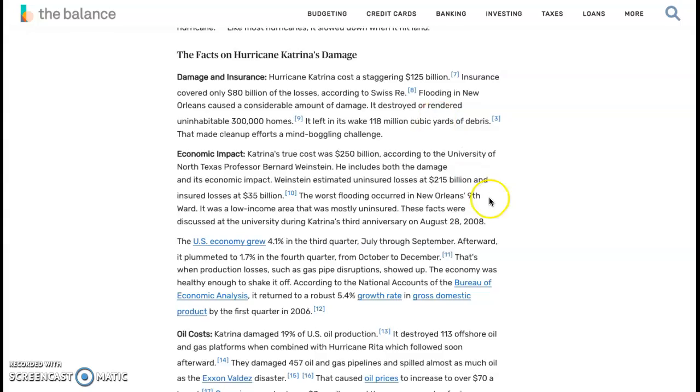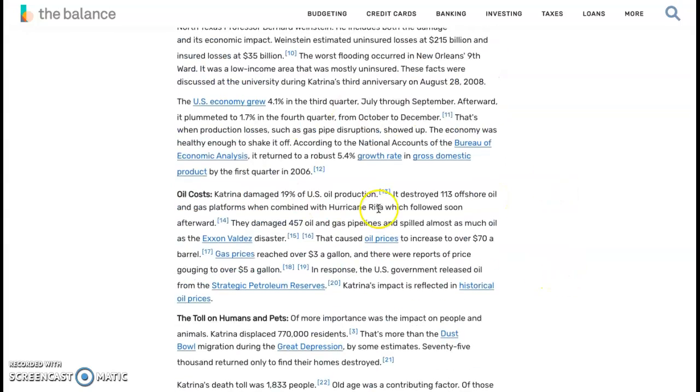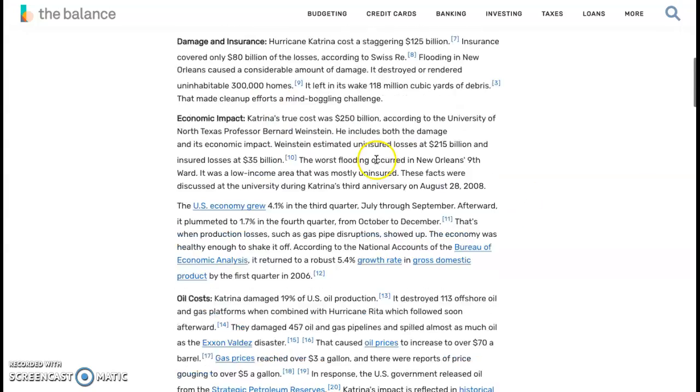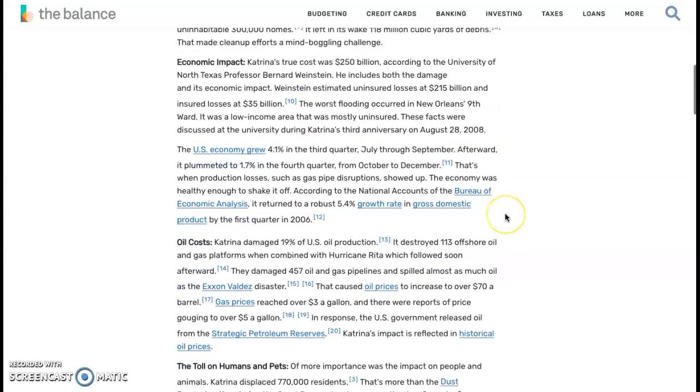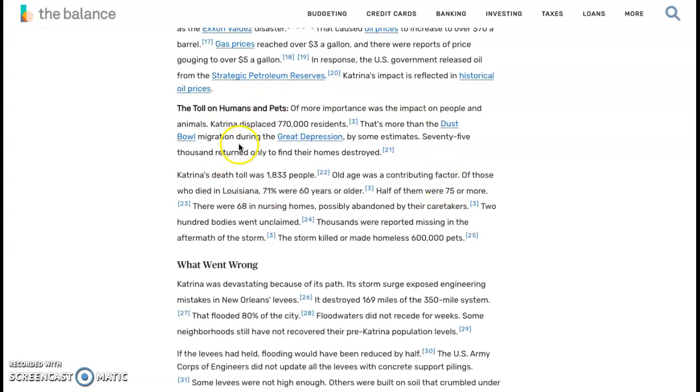And then another section, this started talking about the economy, and I'm not gonna lie, I didn't really understand that very much. And I also thought it related to damage. And so I went down and I really focused on the toll on humans and pets. And I thought that was really important and interesting.